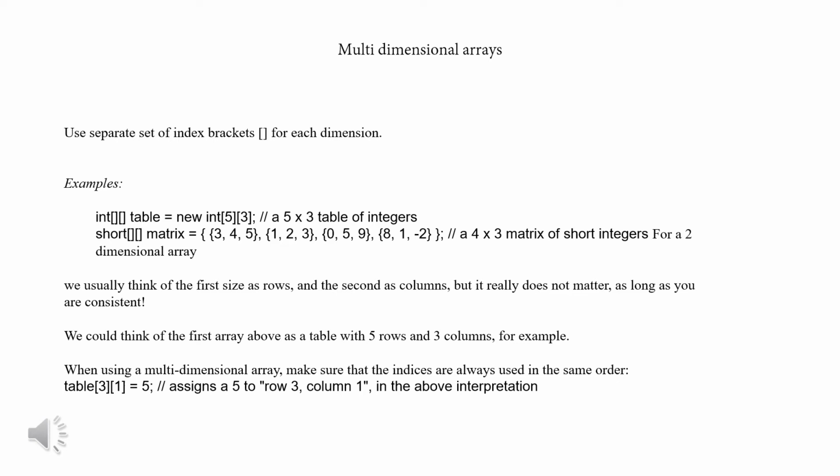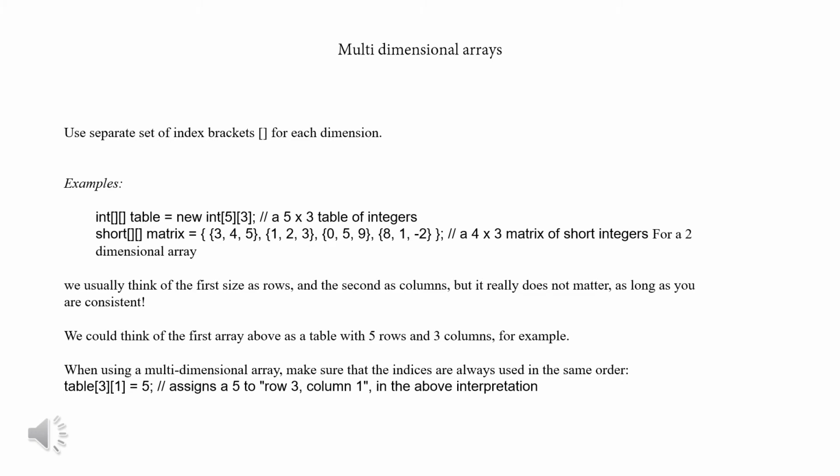First, the type of the elements, here the type is integer. Then the braces, here we have two sets of braces because this array has two dimensions. It's somewhat like a table or a matrix. Then the name of the array, here the name is table, then equals new int and again braces.